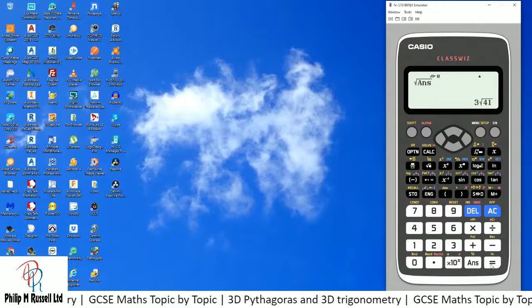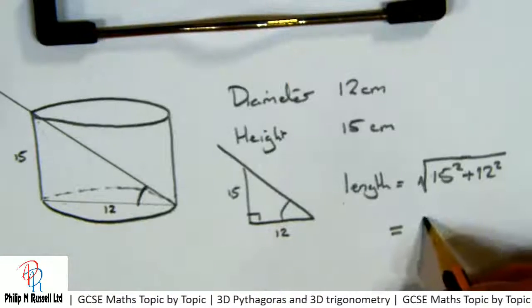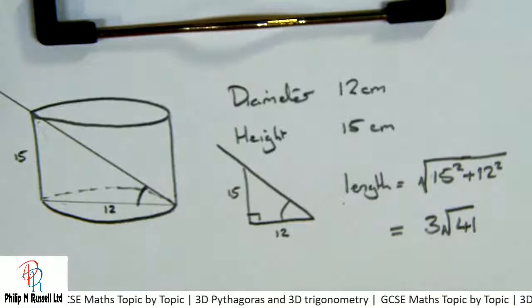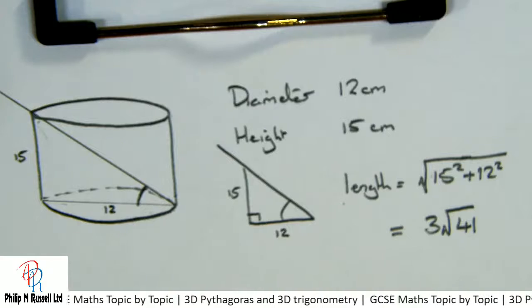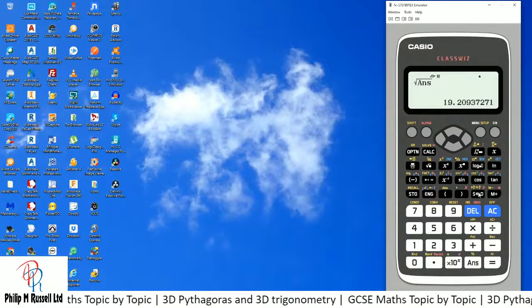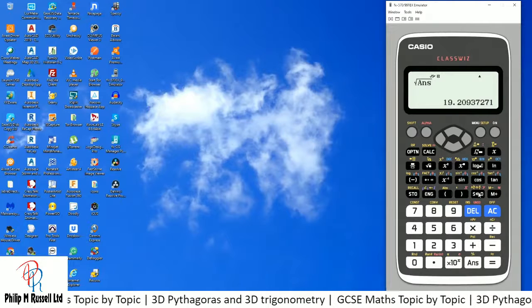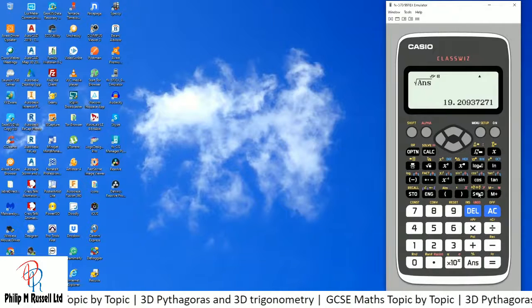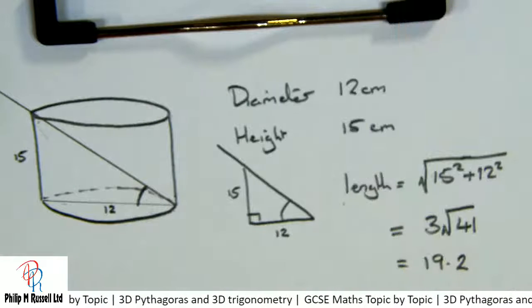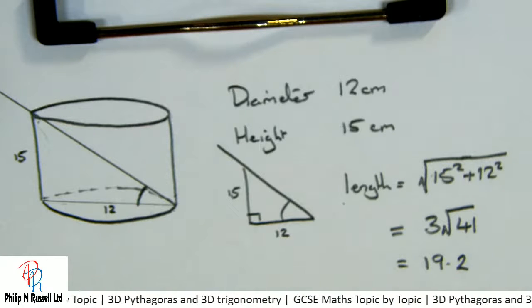And that's going to give me 3 root 41, and that, if I press the SD button, comes out at 19.2. And I've worked out my answer.